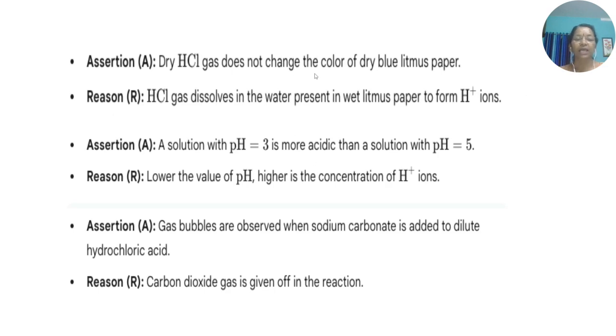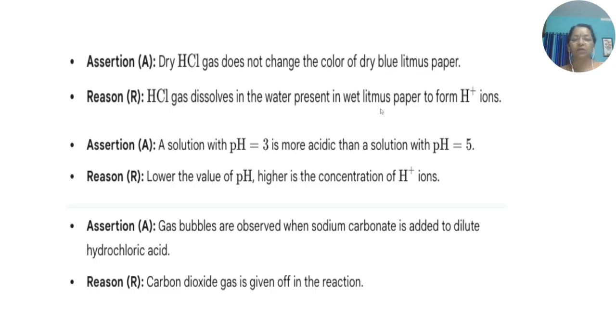Next, dry HCl gas does not change the color of dry blue litmus paper. Assertion is correct, right? Then HCl gas dissolves in water present in wet litmus paper to form H plus ions. So HCl gas is producing H plus. This is also correct.